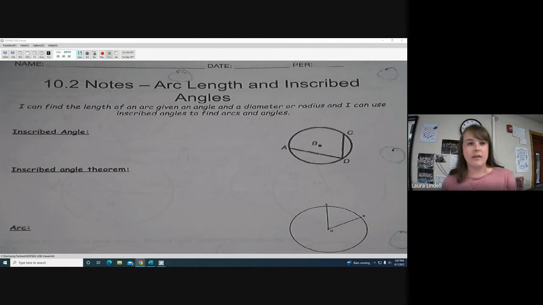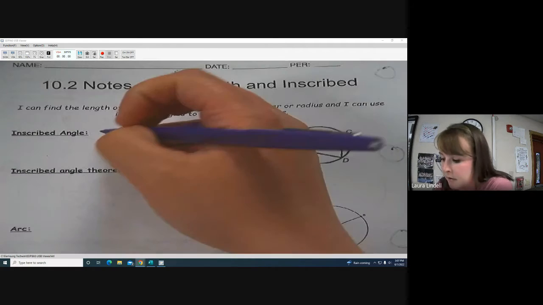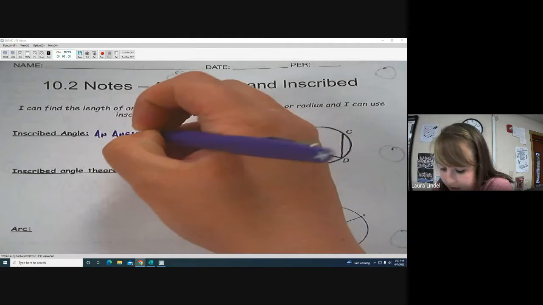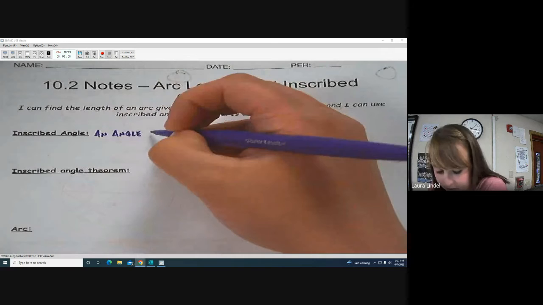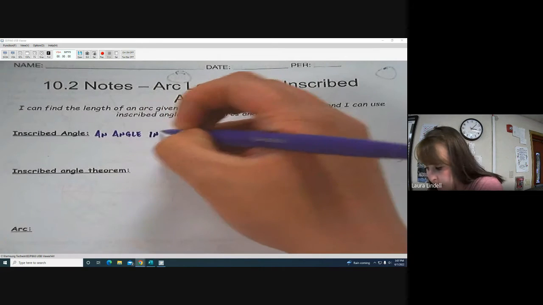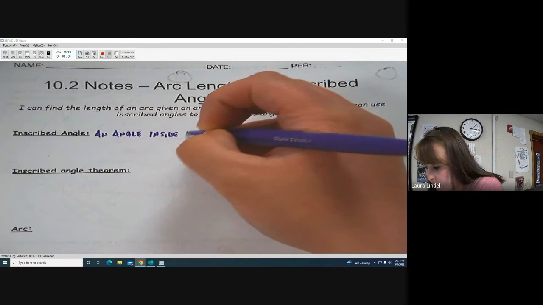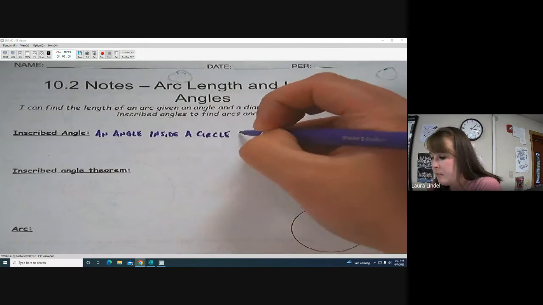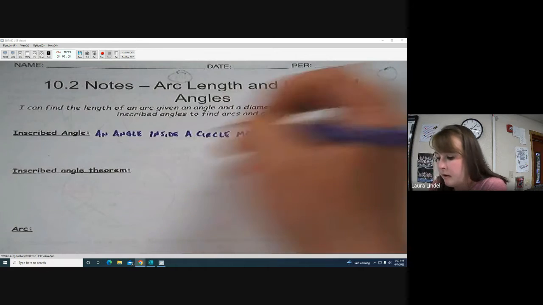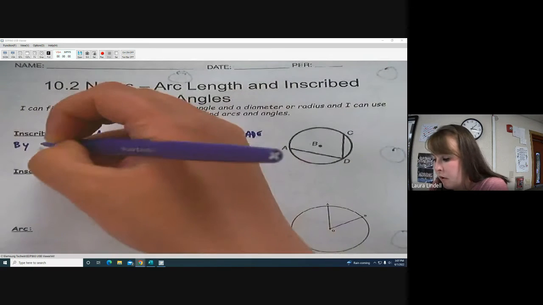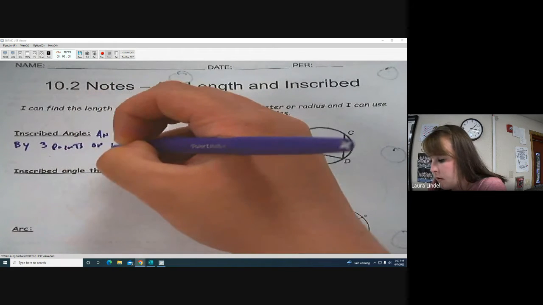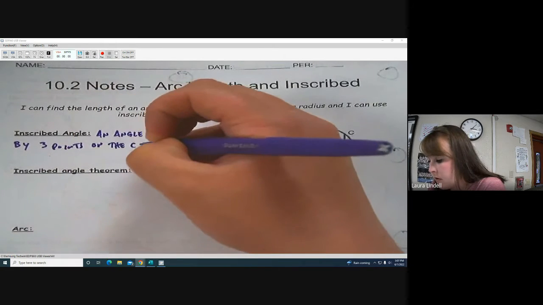So first of all, what is an inscribed angle? Vocab word. It is an angle. Shocker. An angle inside a circle made by 3 points on the circle.